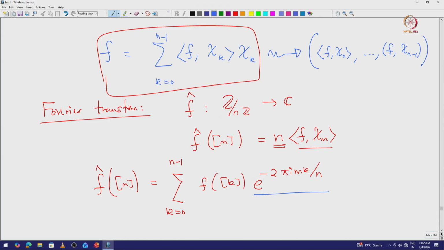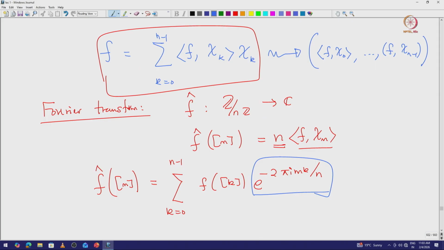So, indeed these e powers correspond to the irreducible characters. This is something we will make very precise later, and that observation will help us to generalize the definition of the Fourier transform to any finite group.